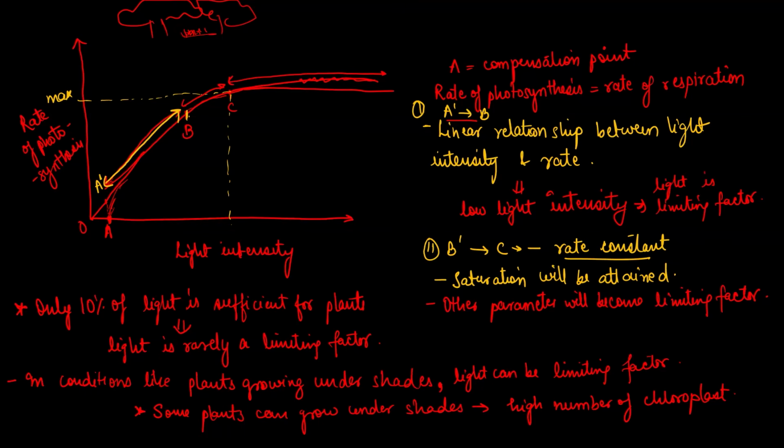And in most cases, light is not a limiting factor, except where a plant is growing under shades. So this is about light, and we have seen how light affects the rate of photosynthesis.